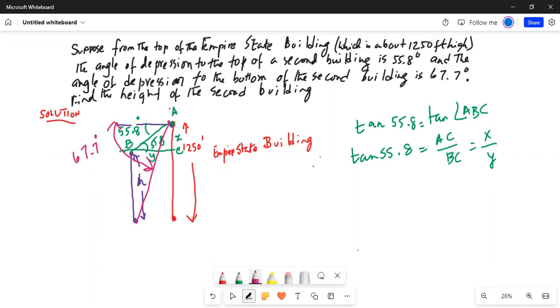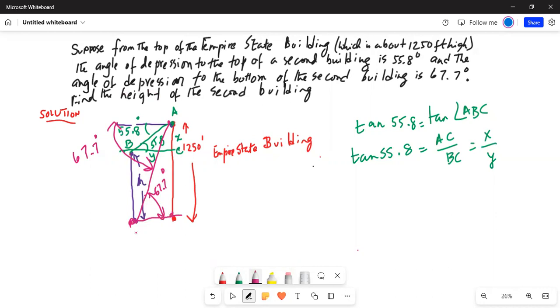Why? Because this is the angle of depression from the top of the Empire State Building to the bottom of the second building. So since the top horizontal line and the bottom horizontal line are parallel, this angle is also 67.7 degrees. But this horizontal distance is the same as BC.